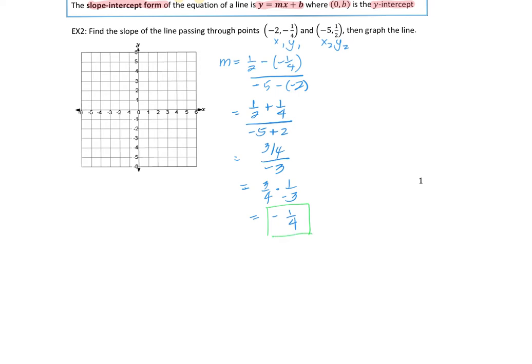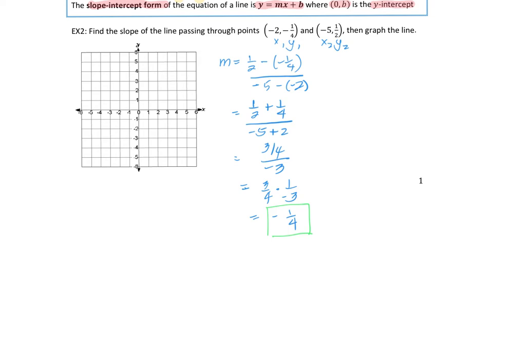That tells me that when I do graph my line, since the slope is negative, it should go down as we go from left to right. Let's verify that by graphing, and we have these 2 points.